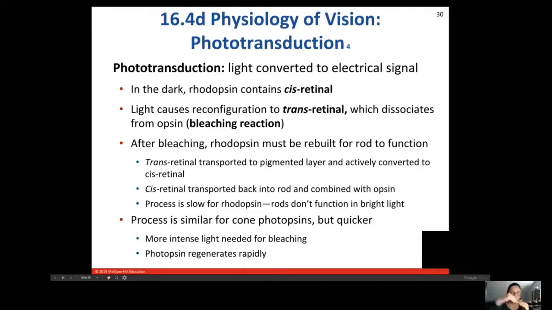So it goes from cis to trans, and it changes its shape. When it changes its shape, it disassociates from the opsin. It kicks off the opsin. They don't fit anymore, and they split up. This is called bleaching. Because it was a pigment and we're breaking up the pigment, bleaching is like getting rid of the color. It's called a bleaching reaction.